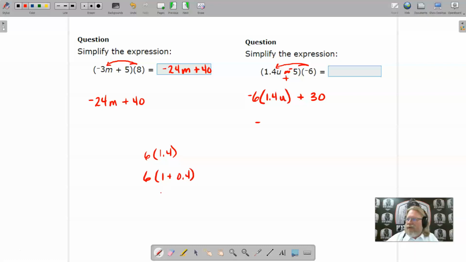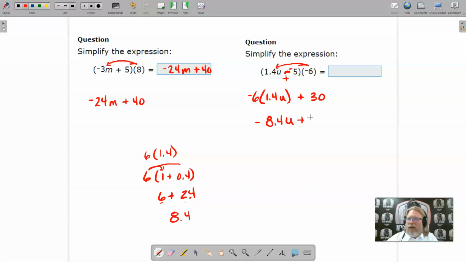So 6 times 1 is going to be 6. Distribute that in. 6 times 1 is 6, plus sign, and 6 times 0.4. Well, 6 times 4 is 24, and we have one number at the decimal place. You could check that out on a calculator, and that's going to be 2.4. And then this is going to be 6 plus 2 is going to be 8, and then the 0.4. So we get 8.4, actually negative because it's negative times positive.